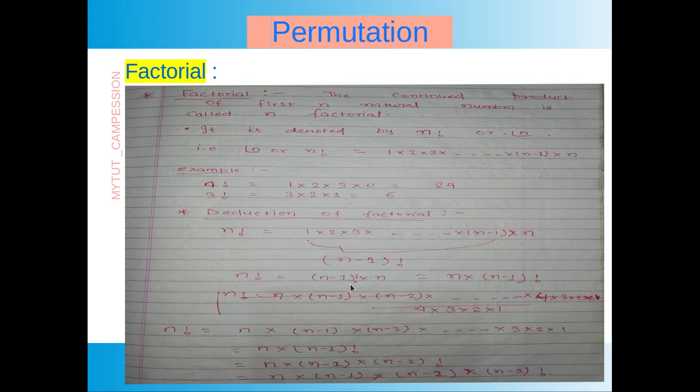So n factorial equals n minus 1 factorial into n, that is equal to n into n minus 1 factorial. This is the deduction. Now similarly you can deduct to the next term up to n minus 2, n minus 3 and many more.